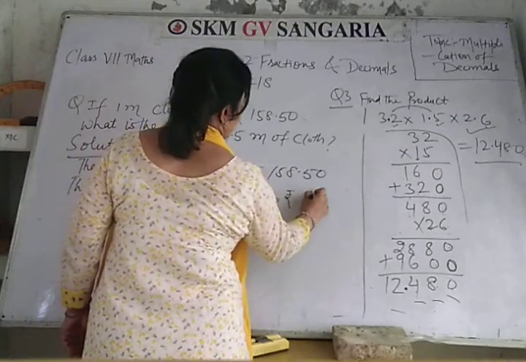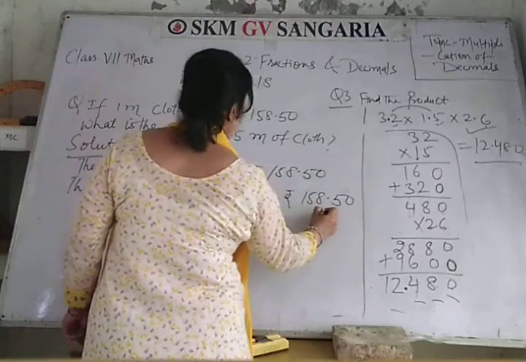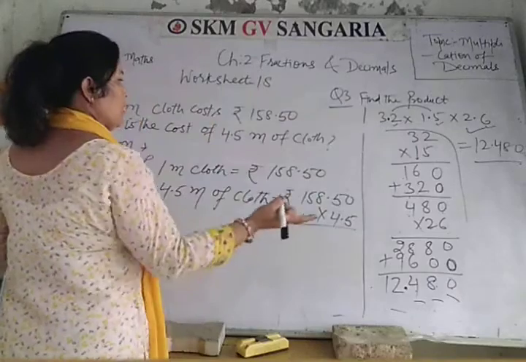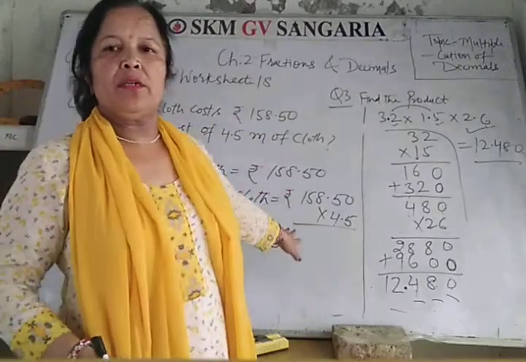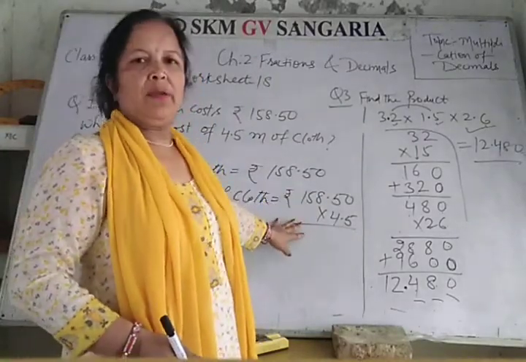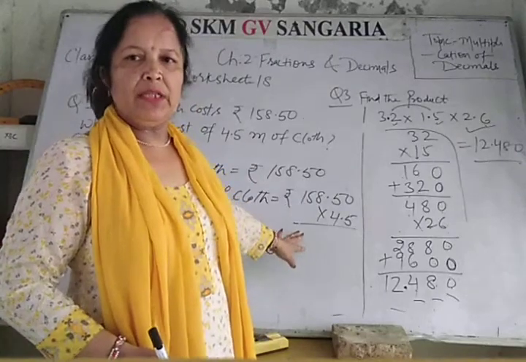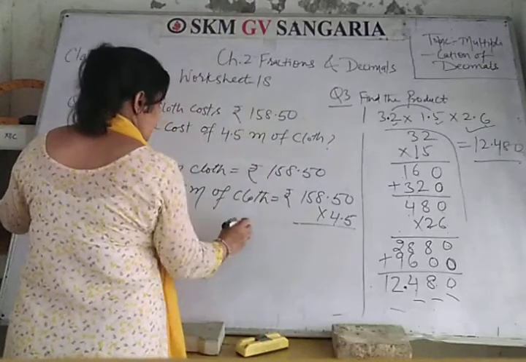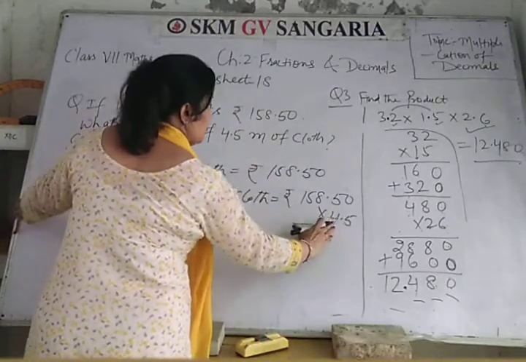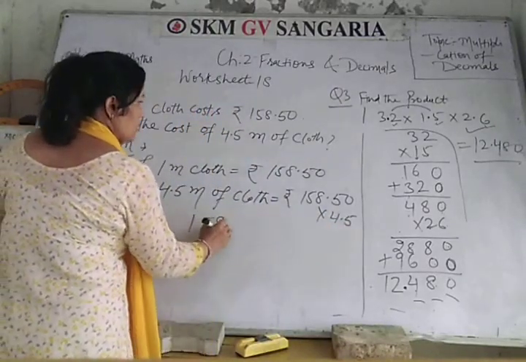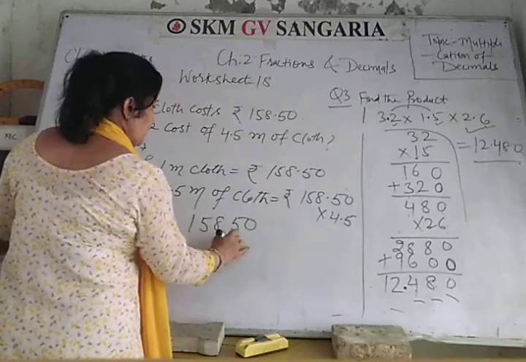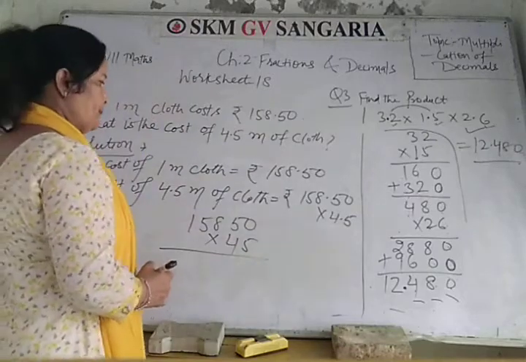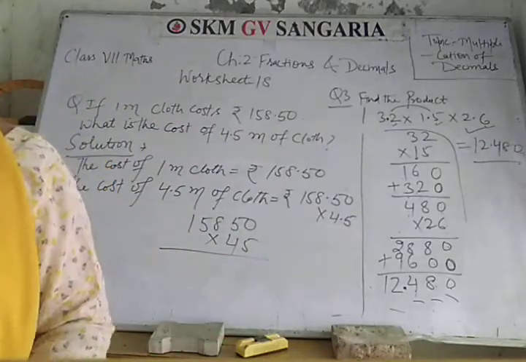Rupees 158.50 multiplied by 4.5. So what is the procedure? Whenever there is multiplication of a decimal number by a decimal number, you will ignore the decimal point and multiply as whole numbers.